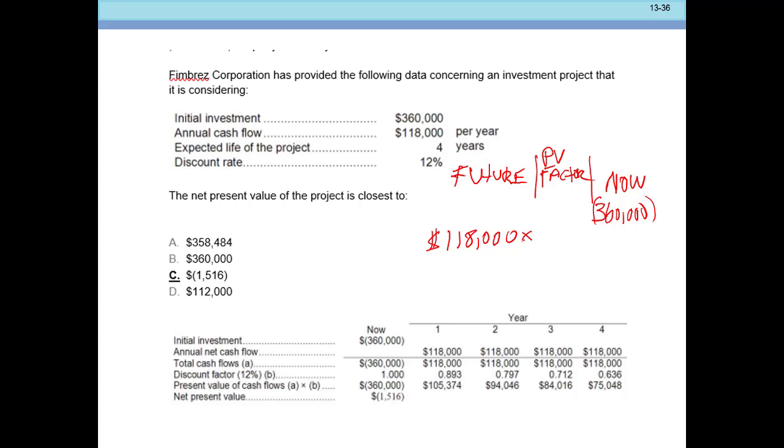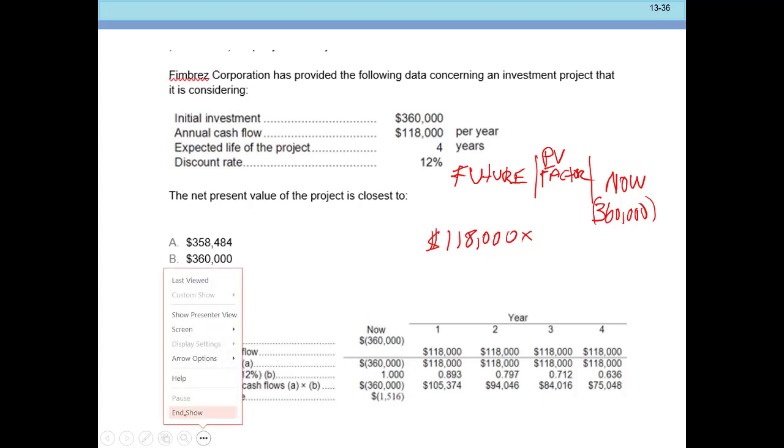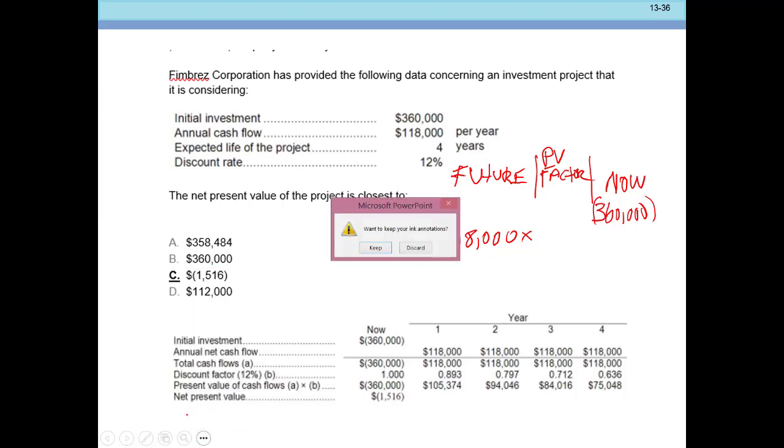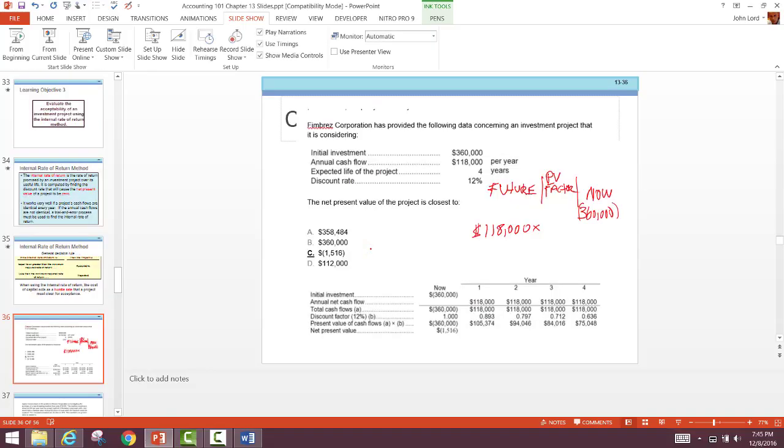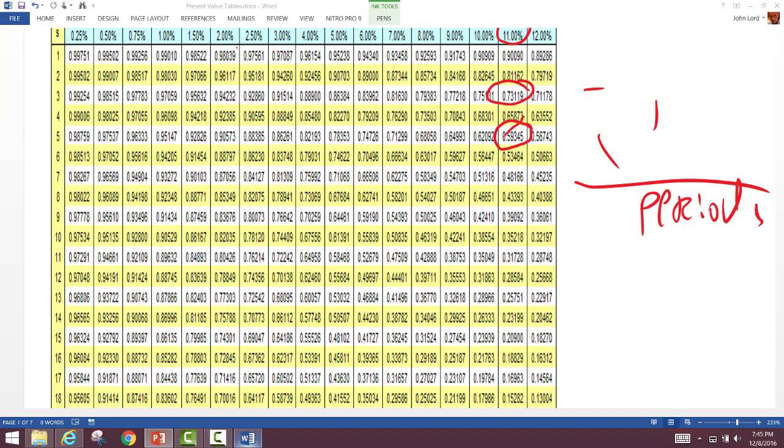Now, is this an annuity or is this a one-time payment? This is an annuity because it's going to be per year. So I go over to my table, and before I jump over there, it's 12% for 4 years. Okay, I want to keep that so I don't lose that writing. I'm going to go over to my table, present value of annuity.